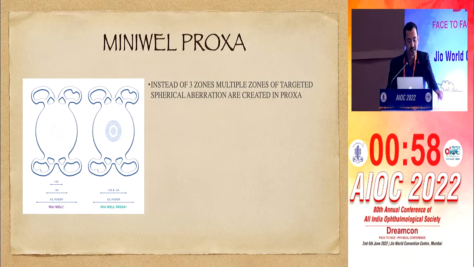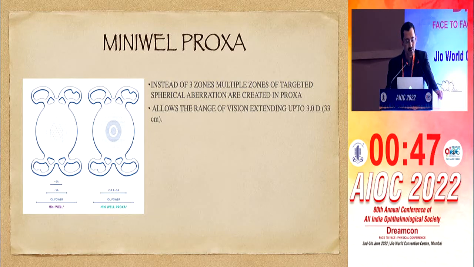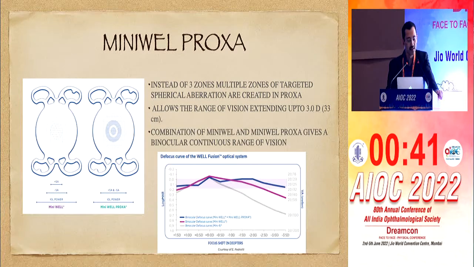Here, instead of 3 zones, multiple zones of targeted spherical aberration are created to give good near vision. So this allows a range of vision extending up to 33 centimeters, or 3 diopters addition. When implanted with Mini Well and Mini Well Proxa, the blue line in the defocus curve shows that the vision is maintained throughout all the distances.